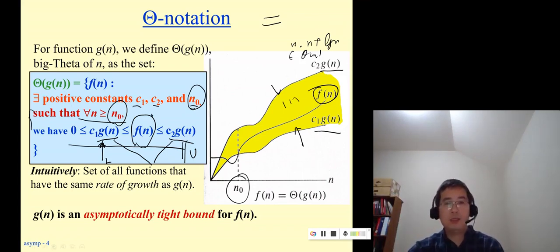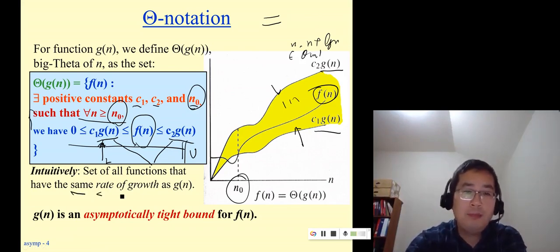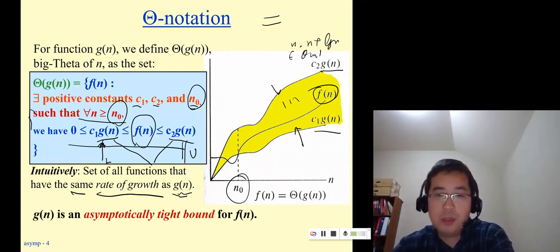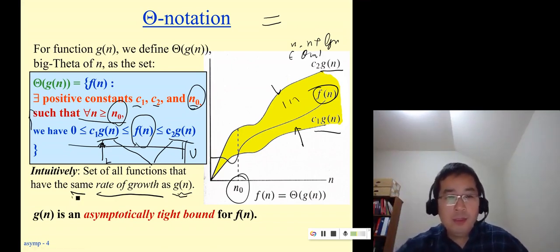So intuitively this is a set of all functions that have the same rate of growth as g of n. So g of n is a representative complex function, usually a polynomial. The main things are: one is the same, and the other is the rate of growth.